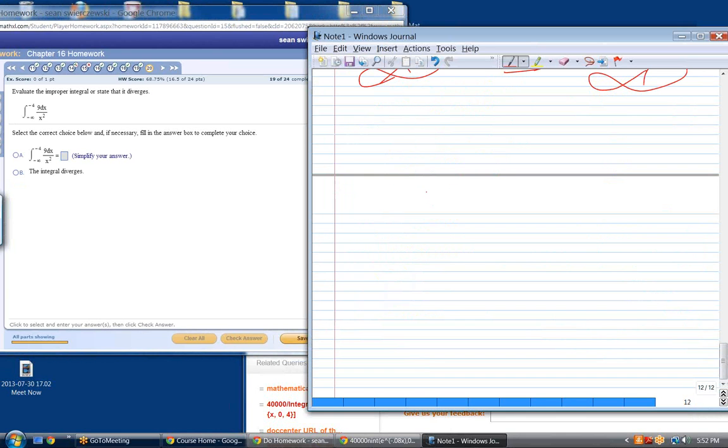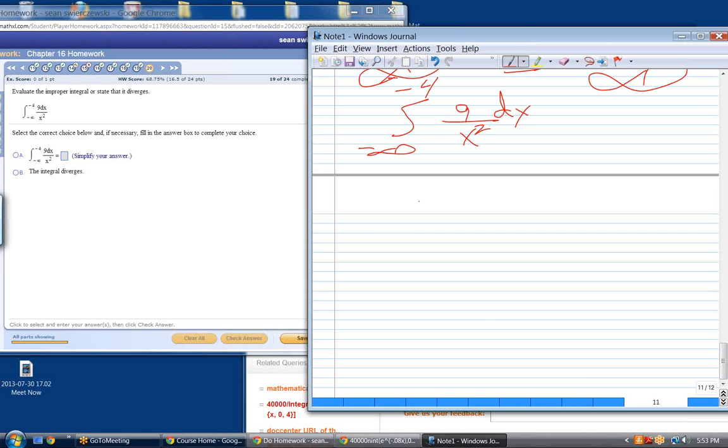Okay, so let's have you do this one. What's the integral? I mean, what's the result of the integration? Oh, just a quick question.